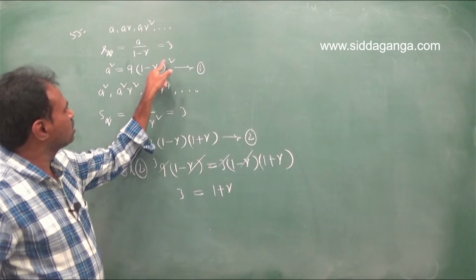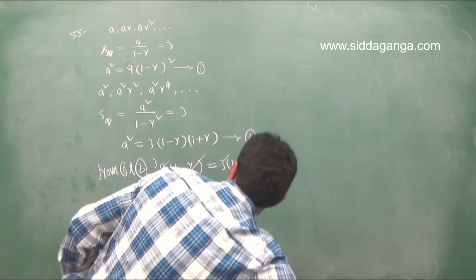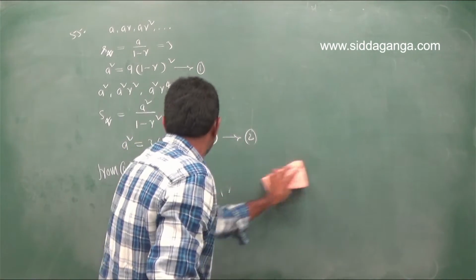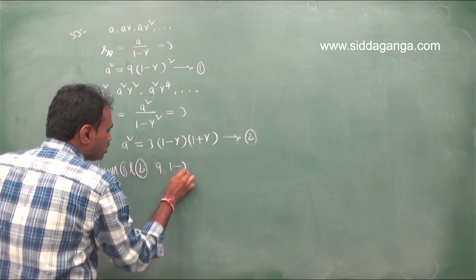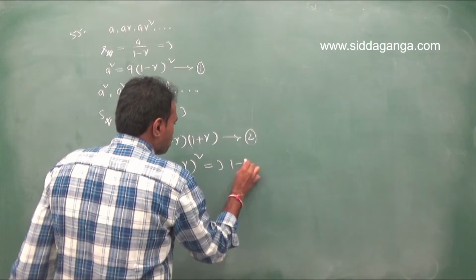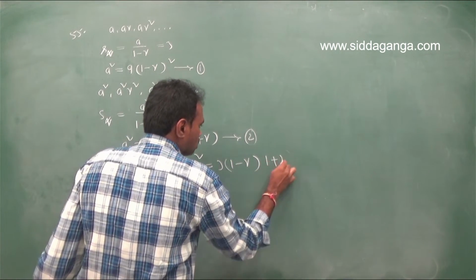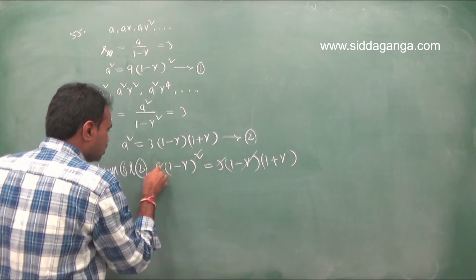Here 9 into 1 minus R whole square is equal to 3 into 1 minus R into 1 plus R. Therefore, 1 minus R will cancel, and 3 3s.